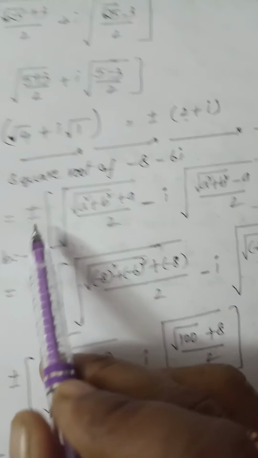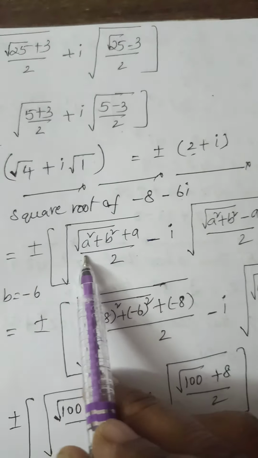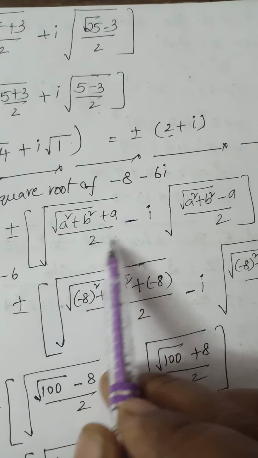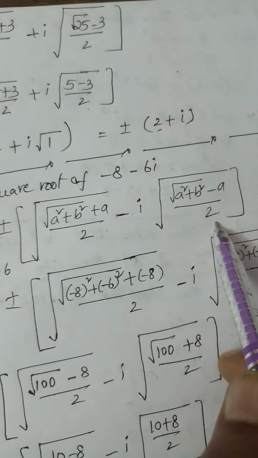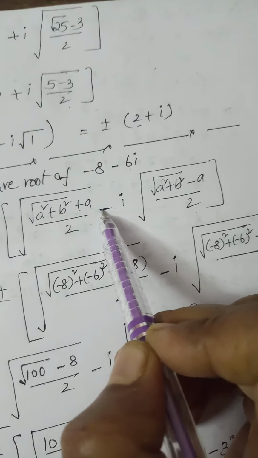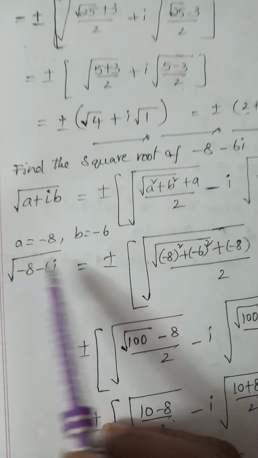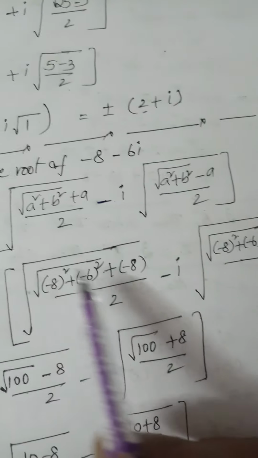Second formula. And here the formula to find square root of a plus ib is equal to plus or minus root of root a square plus b square plus a by 2 minus i into root of root a square plus b square minus a by 2. Here if the b value is less than 0, here we take minus. So substitute in the place of a, substitute minus 8, and in the place of b, substitute minus 6.